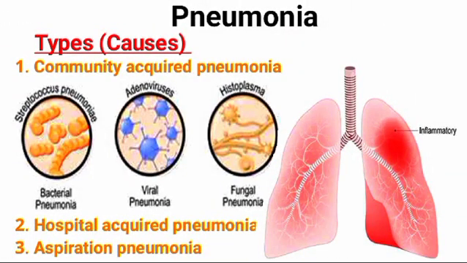Now let's discuss the types of pneumonia. There are three main types of pneumonia: community acquired pneumonia, hospital acquired pneumonia, and aspiration pneumonia. Number one is community acquired pneumonia. When you get pneumonia outside of a healthcare facility, it's called community acquired pneumonia, and the causes are bacteria, viruses, and fungi.